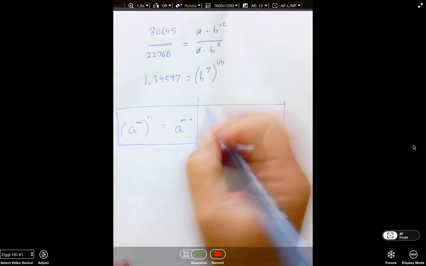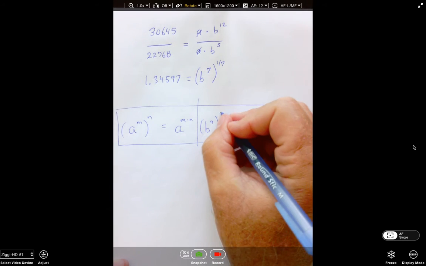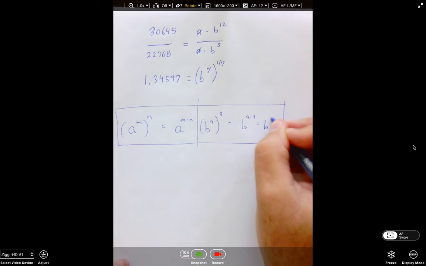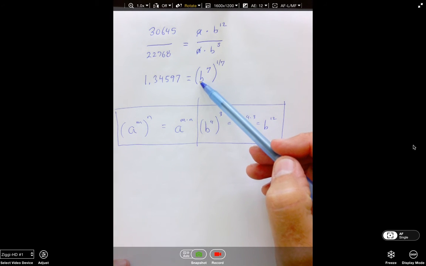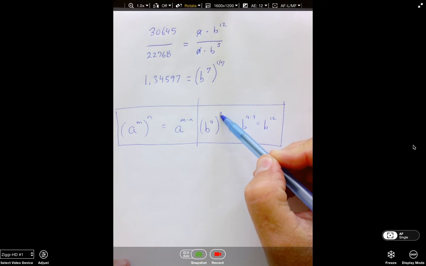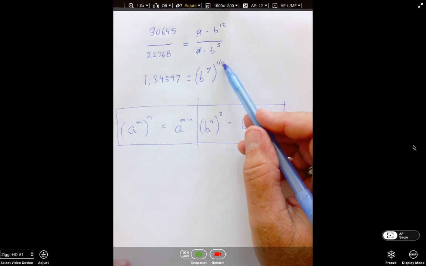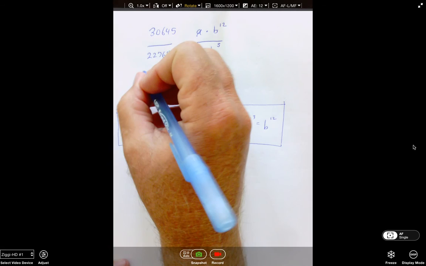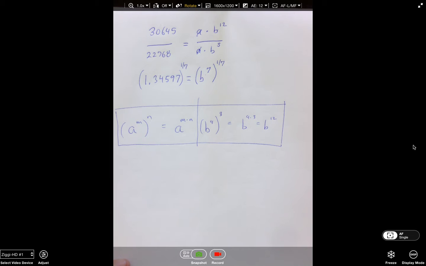So an example of that, if we have b to the 4th power raised to the 3rd power, this is just b to the 12th. Well, what I want to create here is b to the 1st. So what do I need to multiply 7 by to get b to the 1st power? Well, 1 over 7, because 7 times 1 over 7 is just 1. But guys, if I do that to one side, I have to do it to the other.